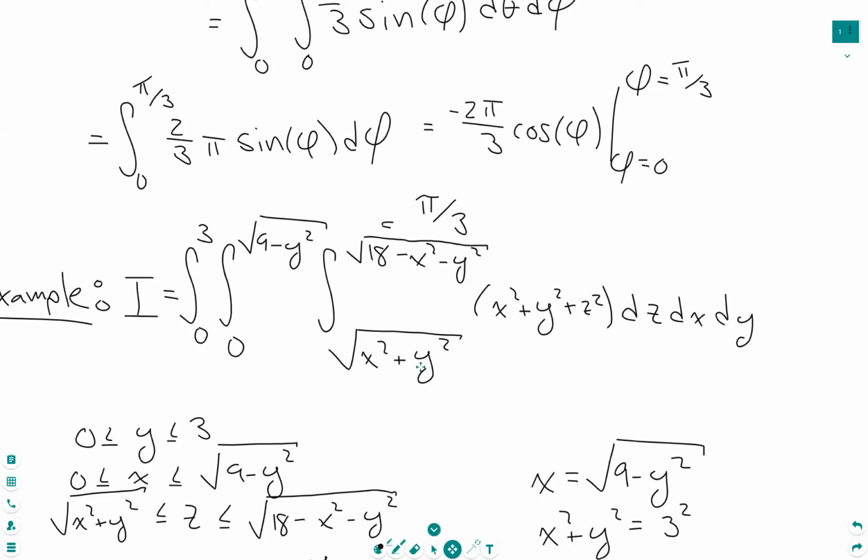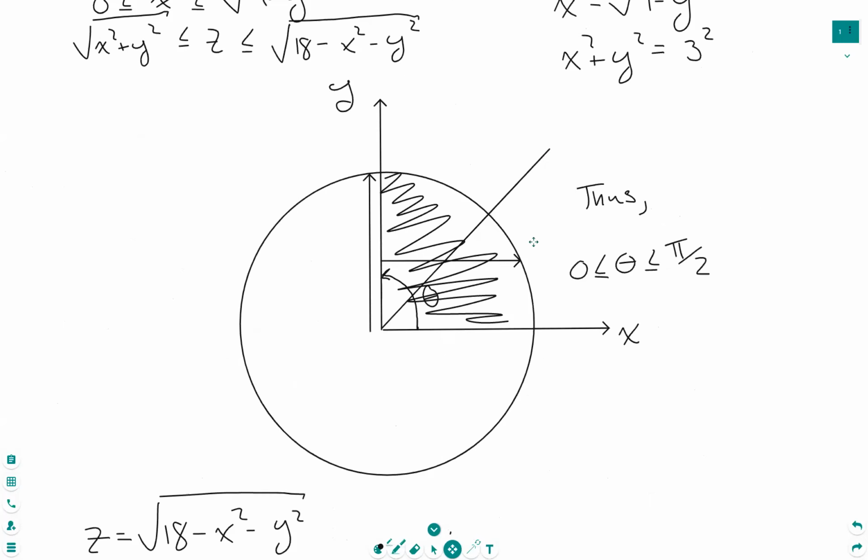And in fact, get some practice with rearranging the ordering of some of these differentials. So if you're in cylindrical, instead of doing dz dr d theta, maybe try dr dz d theta instead. This is a spherical wedge, so no matter how you orient it, it's going to work out. But look at some of the older exam problems and see if you can rearrange the integration order, get an idea of what's going on.